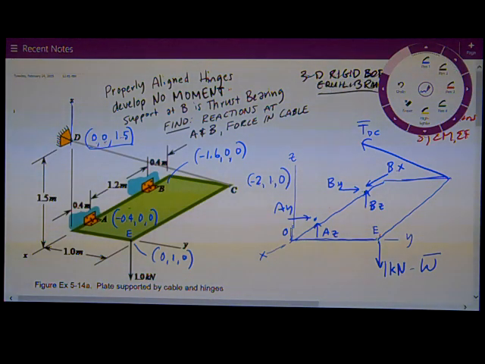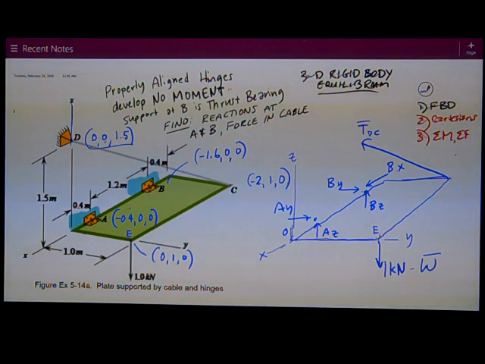And I've already started that over here because this is kind of a long problem. So I've got a free body diagram of the plate, and in a free body diagram, you replace the supports with forces. So at the hinges, in accordance with the instructions, at B I have no moment, but I have BX, BY, and BZ.